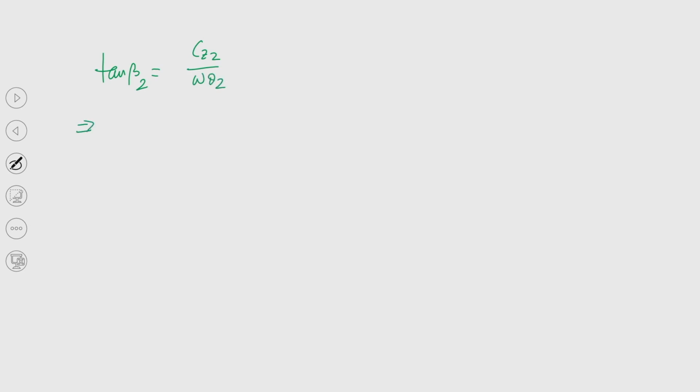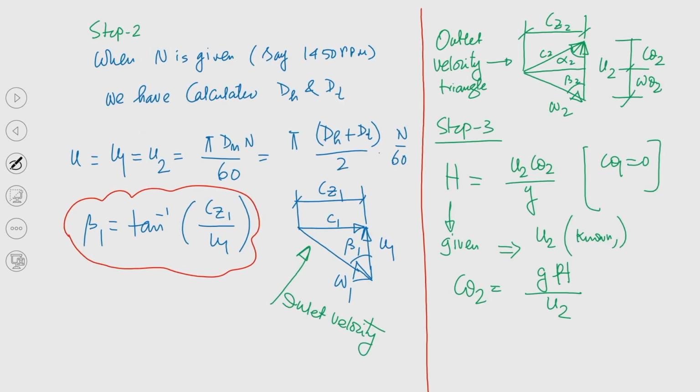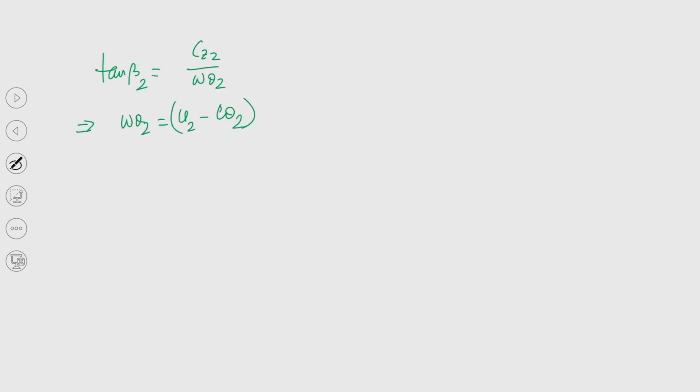Now, W theta 2 equals U2 minus C theta 2, right. So, we have calculated C theta 2, so this is equation number 2, and W theta 2 is known using equation 2.